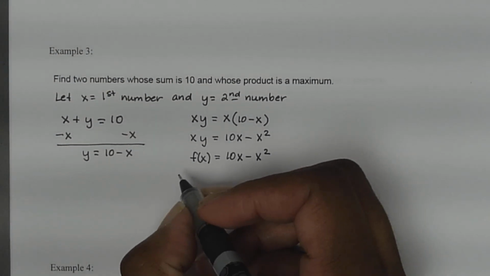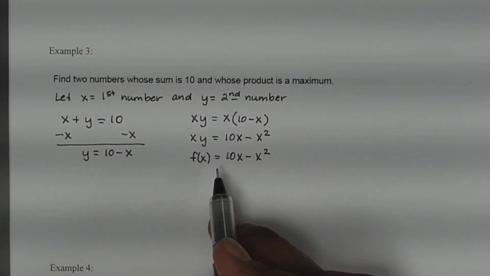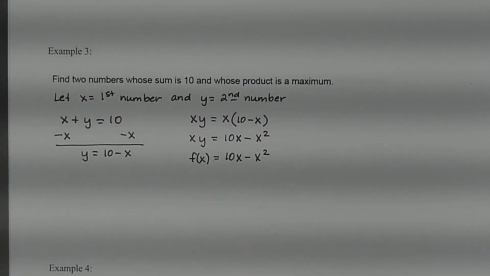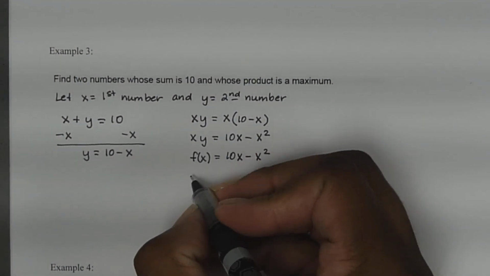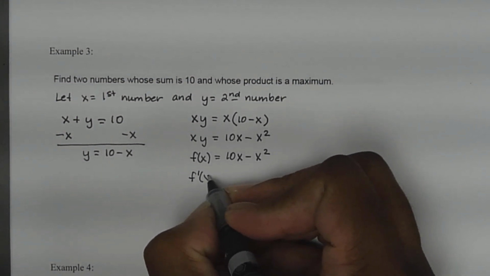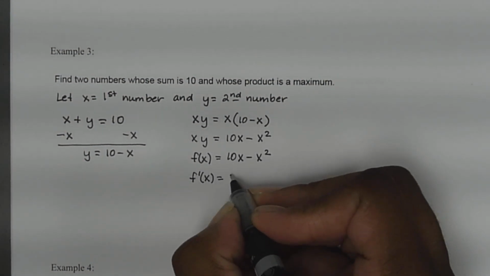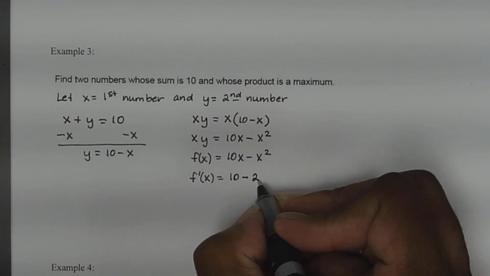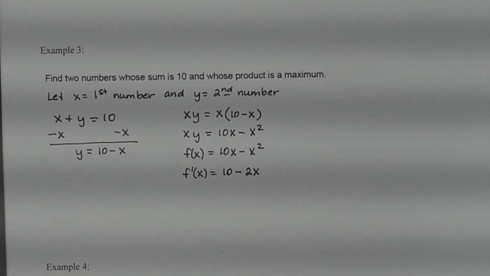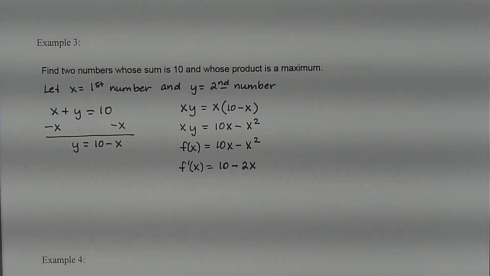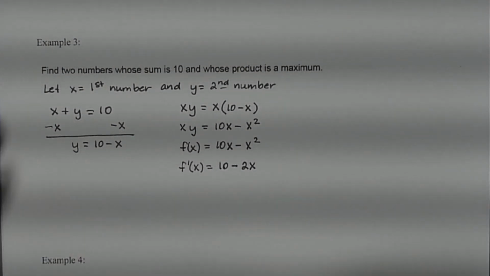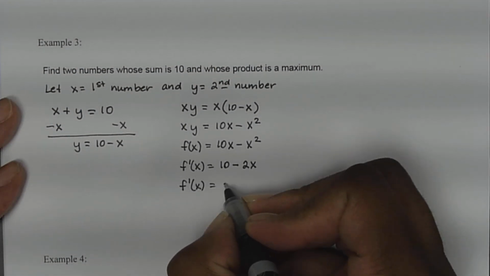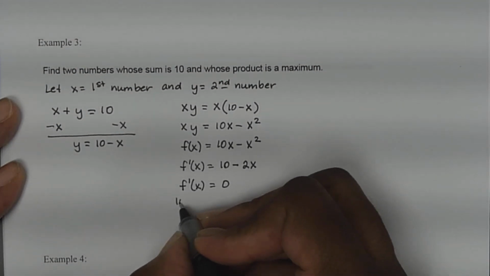All right, now, here's where I find my critical numbers by taking the first derivative of f of x. So here, f prime of x, yes, the derivative of 10x will be 10, minus the derivative of x squared, which is 2x. And then we take that f prime of x, set that equal to 0, and find out what our critical numbers are.